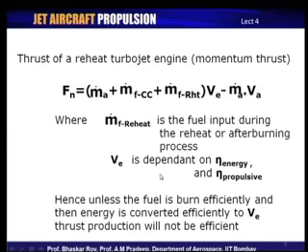So, unless the fuel, and this is being burned twice now, once in combustion chamber, once in the reheat zone, is burned efficiently and then the energy is converted efficiently to V e, the thrust production will not be efficient, and as I mentioned, either it will show up in the form of lower thrust or it will show up in the form of higher SFC.